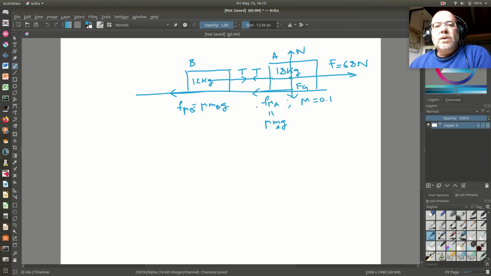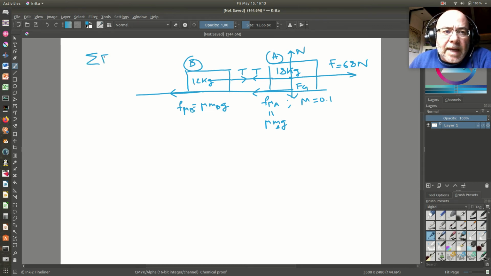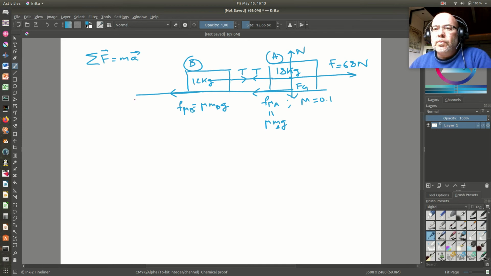Once we have this problem, we're going to set up the equations for A and for B. For that, we apply the sum of all the forces equals mass times acceleration, Newton's second law.